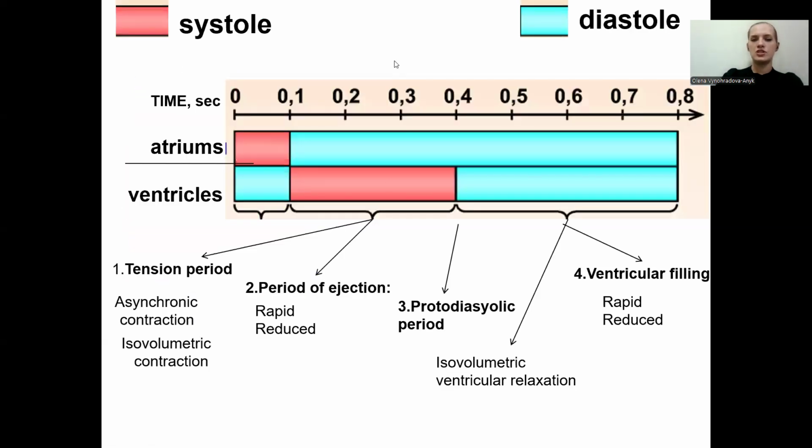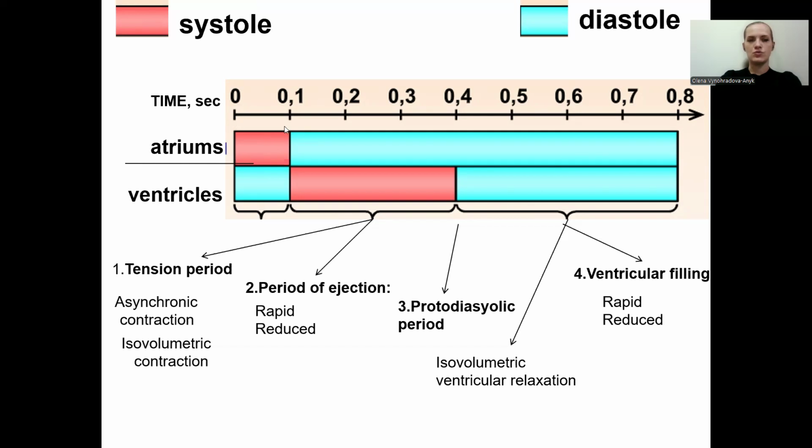If we imagine that this is our cardiac cycle, contraction of the heart is named systole, and dilatation or relaxation of the heart is named diastole.